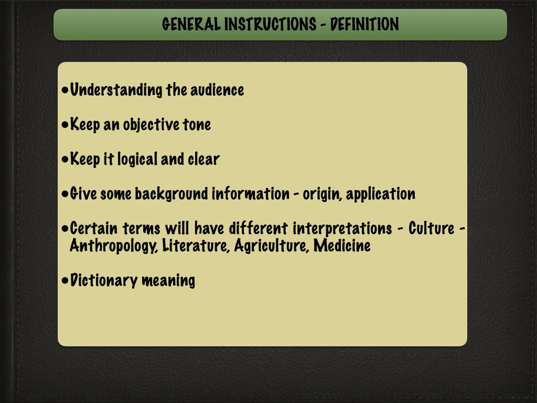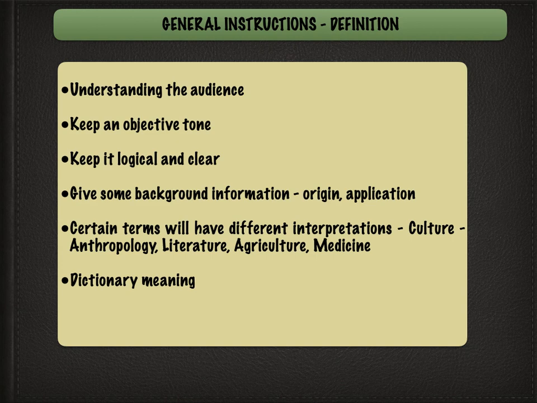The next one is to keep it logical and clear. More than that, it is always good to give some background information like how this originated and how this becomes applied in certain disciplines, etc. Now, certain terms will have different interpretations in different disciplines. Now, the example can be the term culture. Now, culture is defined in a peculiar way on a social aspect if you look at the discipline anthropology.